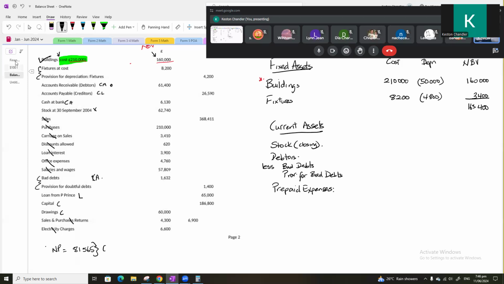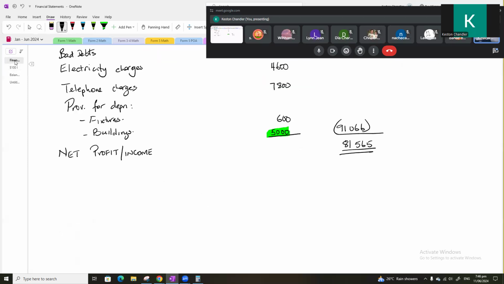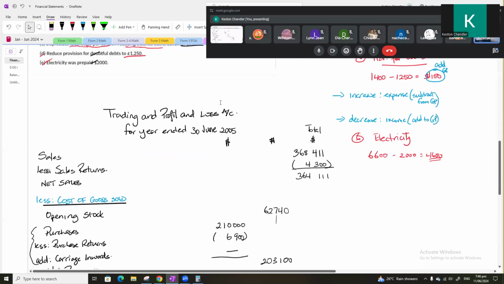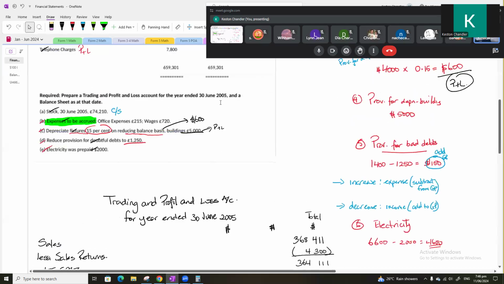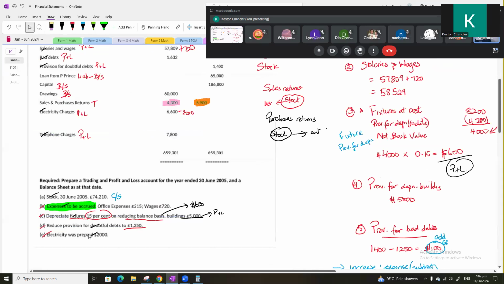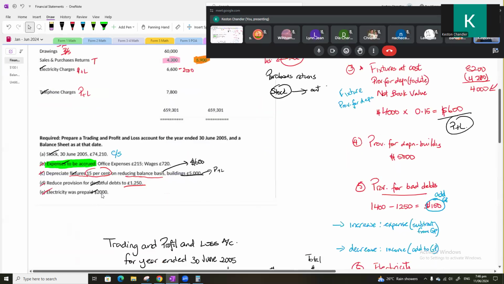And if you remember from last week, our prepaid expense, if you go to the working, I believe was electricity. Electricity was prepaid $2,000. You remember that from last session?